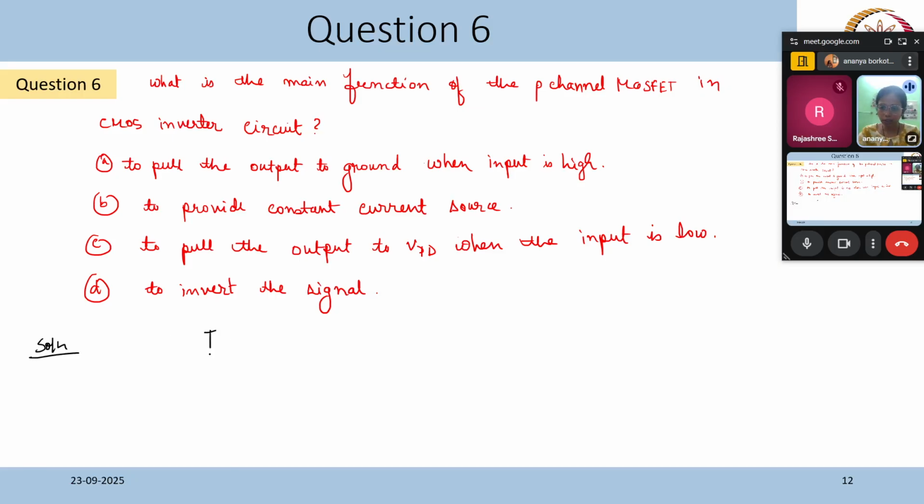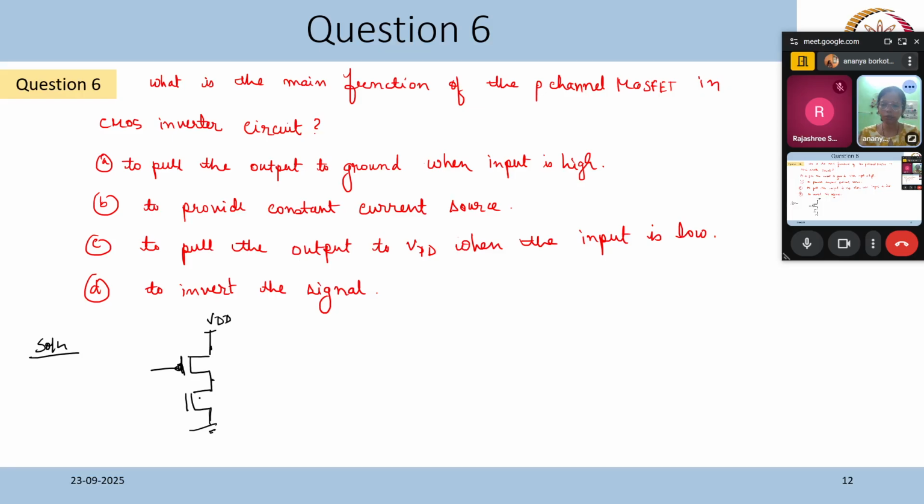We have the CMOS inverter circuit. We have one PMOS, that is the symbol for PMOS. This is the source terminal, which is connected to VDD. In case of PMOS, we connect it to the highest voltage. In case of NMOS, we connect it to ground.